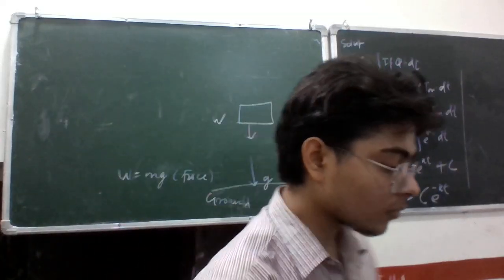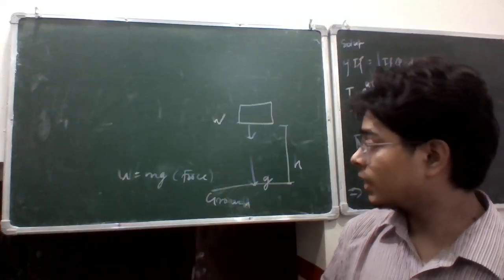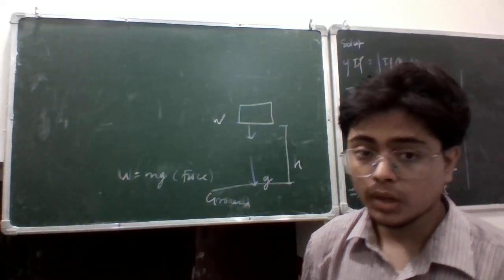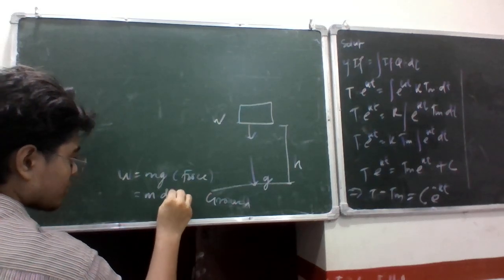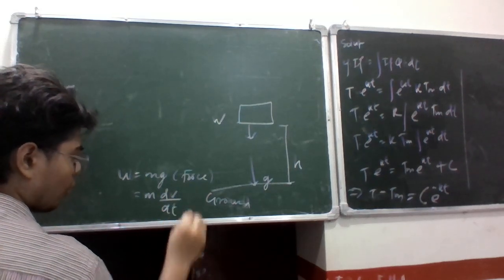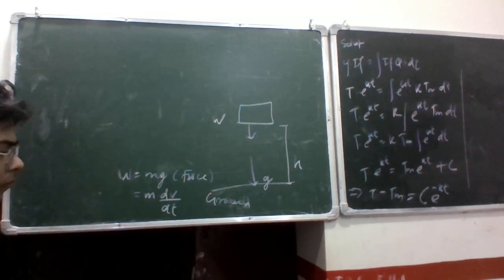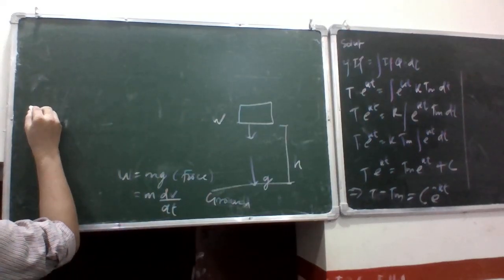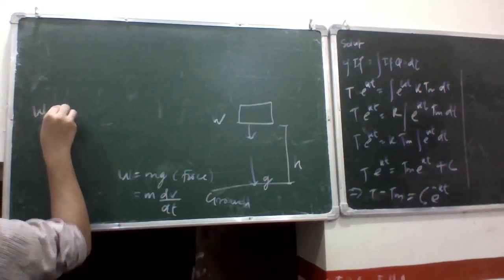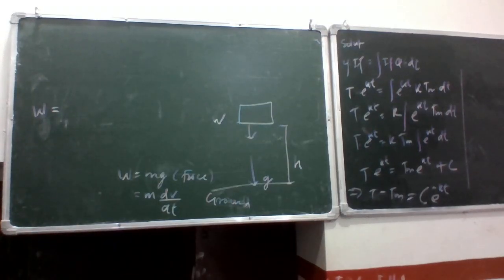Now, this gravity is a type of acceleration. That means it's change in velocity over time. Now, because of the weight, the body falls.